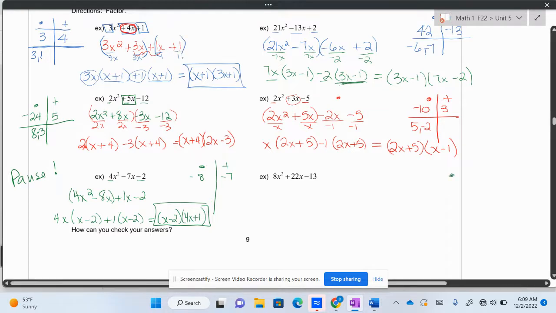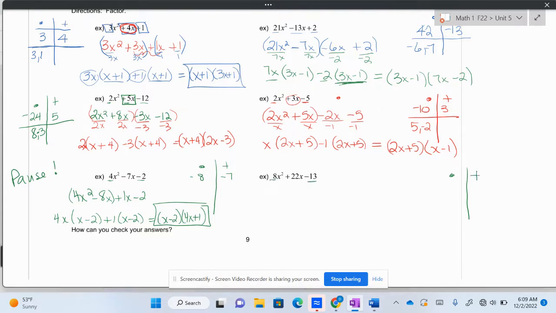What two numbers am I going to multiply together? 8 times negative 13. 8 times negative 13 is negative 104, that when I add together equal 22. So this one might require us to do a little bit of calculating. Let's see.